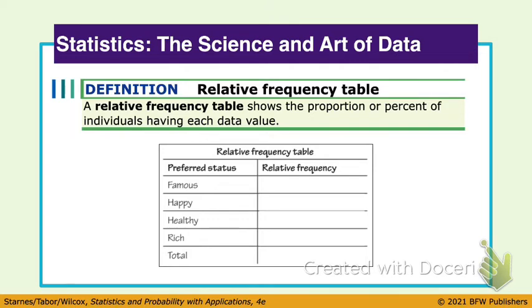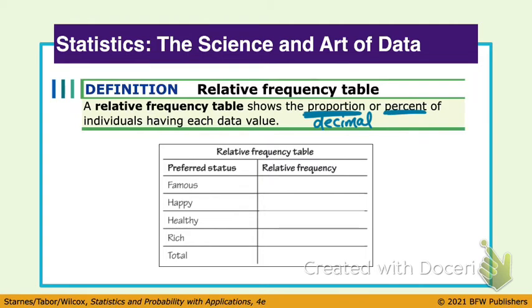A relative frequency table is going to show the proportion. When you see proportion, I want you to think decimal. The proportion is a decimal of something, or the percent. A relative frequency table is going to tell us the decimal or the percent of individuals that have each data value, out of the total.